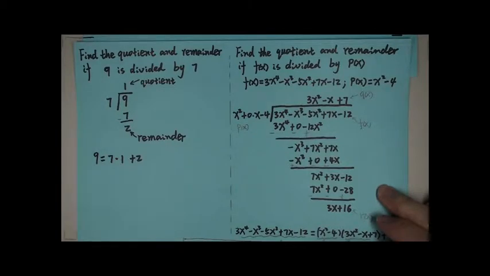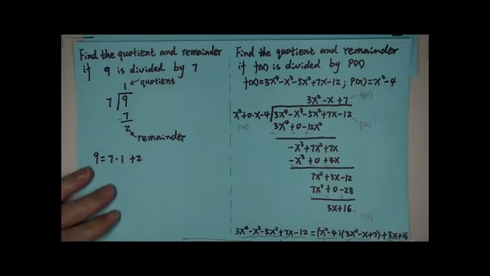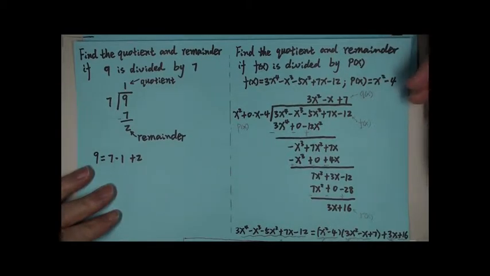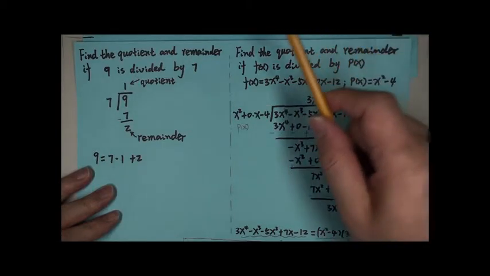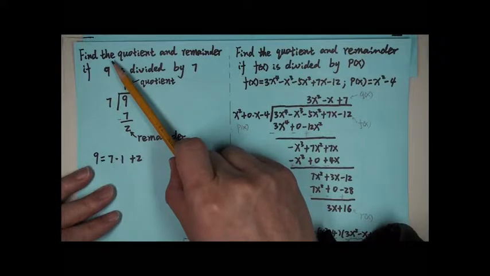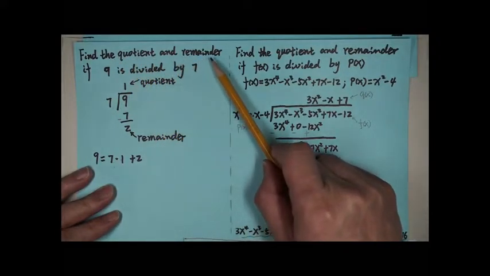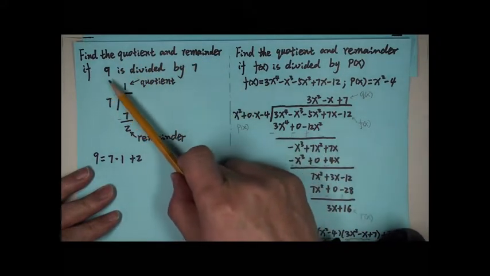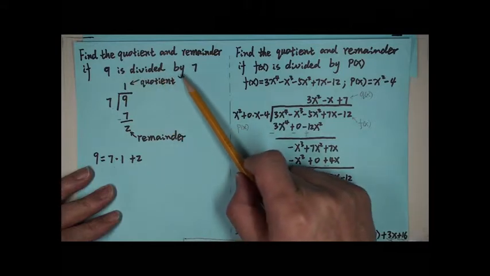In this lecture, we will talk about polynomial division. Before we do that, let's recall how we find the quotient and remainder when 9 is divided by 7.